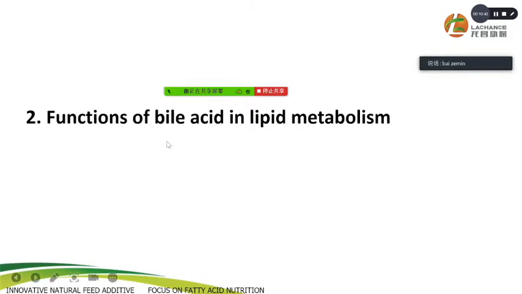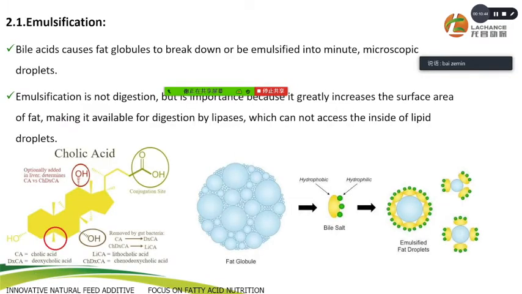And for the function of bile acid, especially lipid emulsification, digestion, and absorption. Bile acid is one of the products which can emulsify the fat globule into micron-sized fat droplets. First, it causes the big fat globules to break into microscopic droplets.